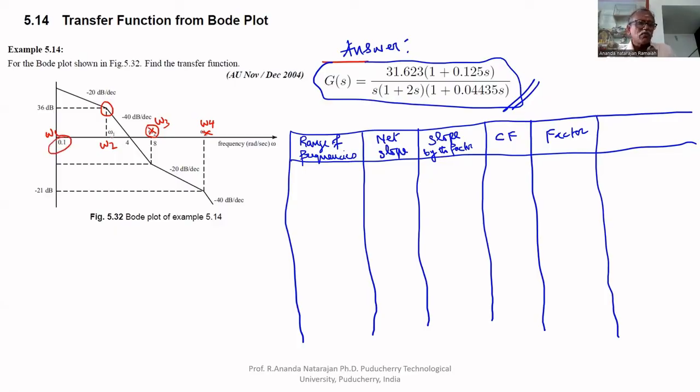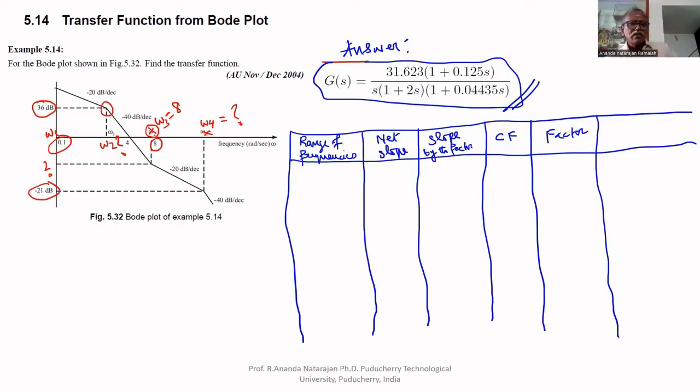At omega 2, the frequency is not given, but the magnitude is given. At omega 3, the corner frequency is given as 8 and the magnitude is not given. Here, the magnitude is given, but the corner frequency is not given. For this, we have to find the transfer function.